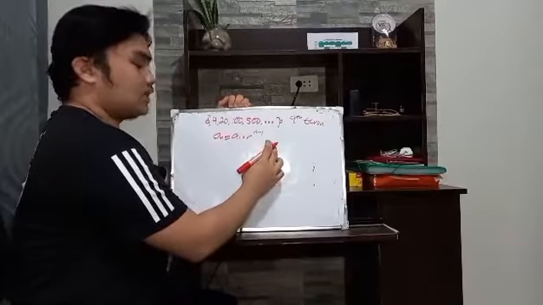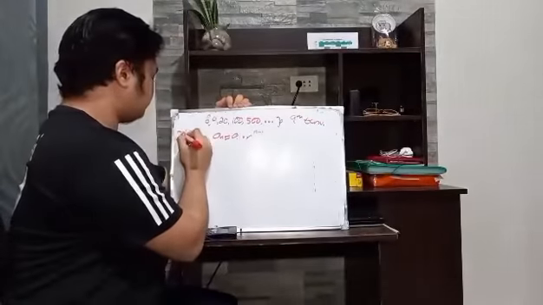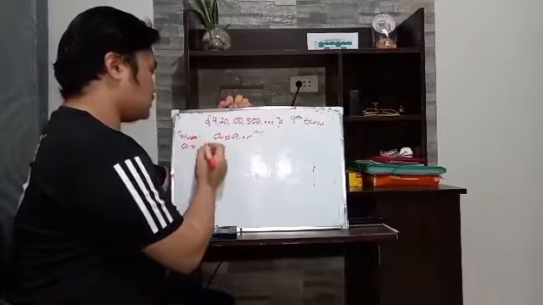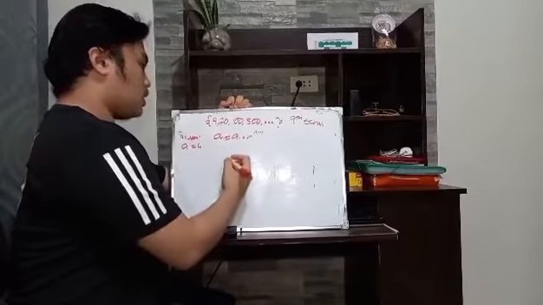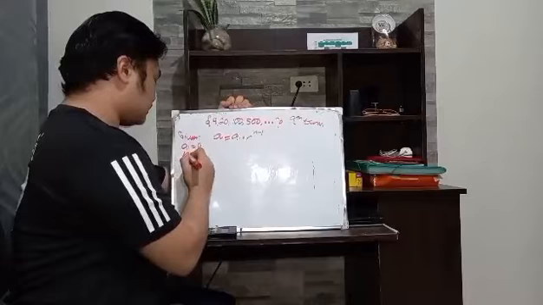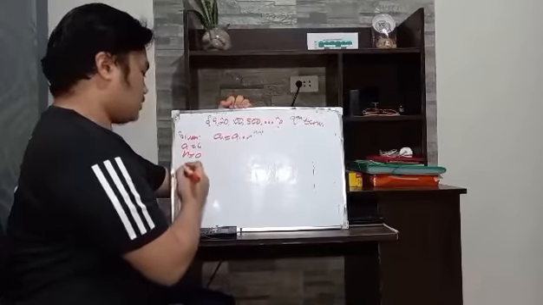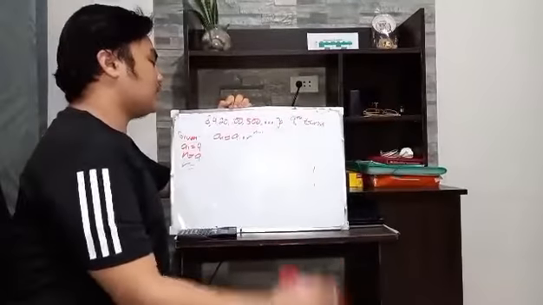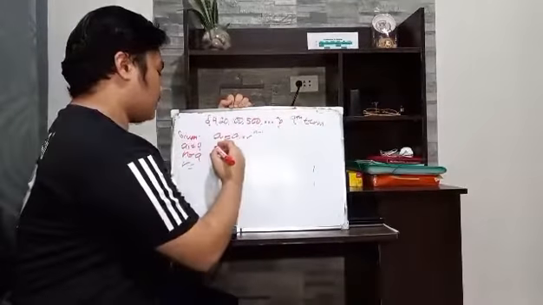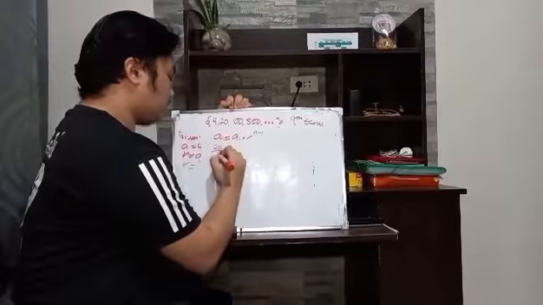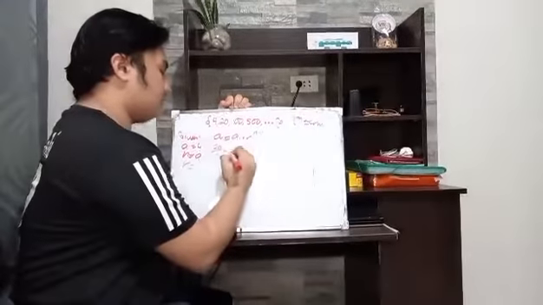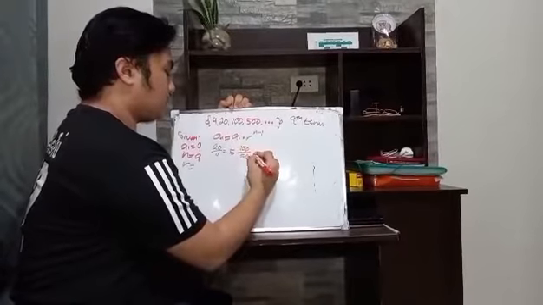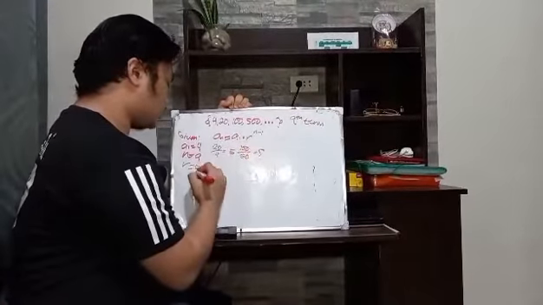After that, let us identify the givens. Our a sub 1 is 4. Our n is 9. What is r? To find the r, we need to divide the next term by the previous term. 20 divided by 4 is 5. 100 divided by 20 is still 5. So therefore, the common ratio is 5.